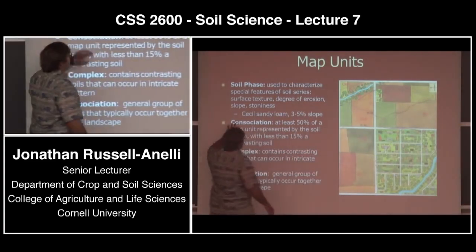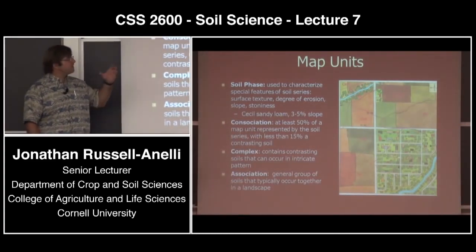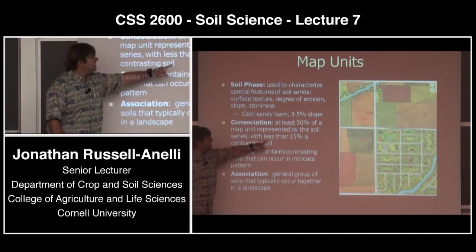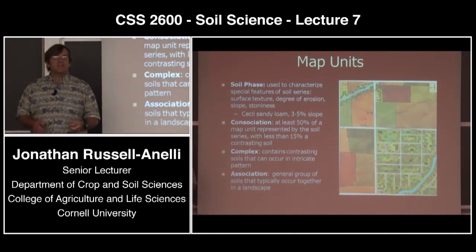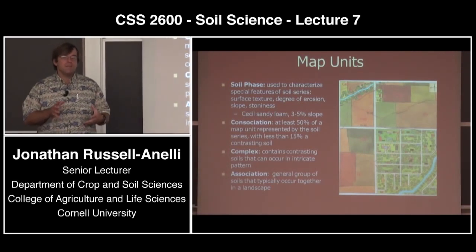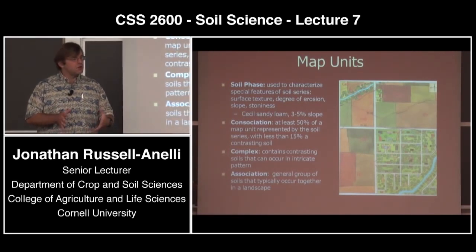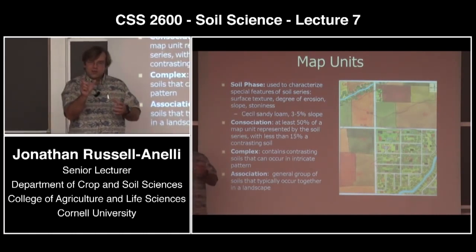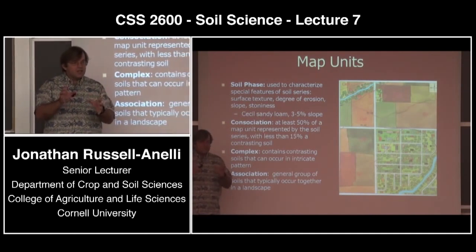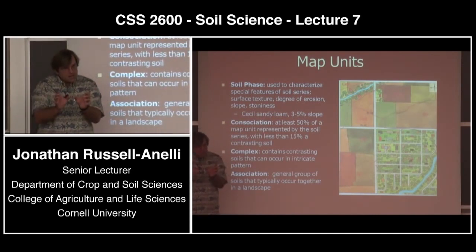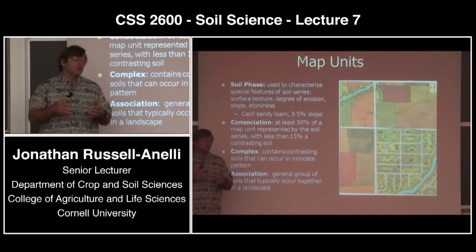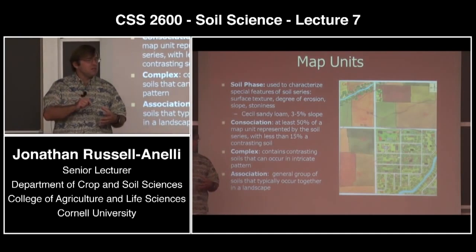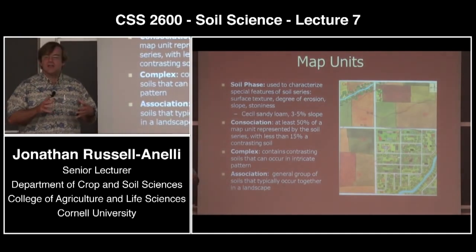We also have what we call consociations, where at least 50% of that map unit represents that soil series, with less than 15% representing a contrasting soil. You can certainly imagine scenarios where the scale that we're looking at is so fine, and the variation between soil types is so tight, that from a mapping sense it's not logistically possible to map every individual contrasting soil within that area.